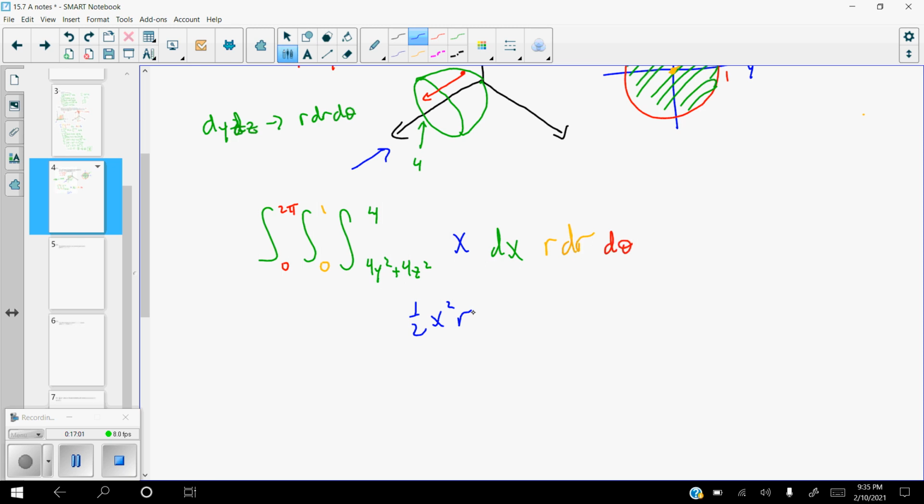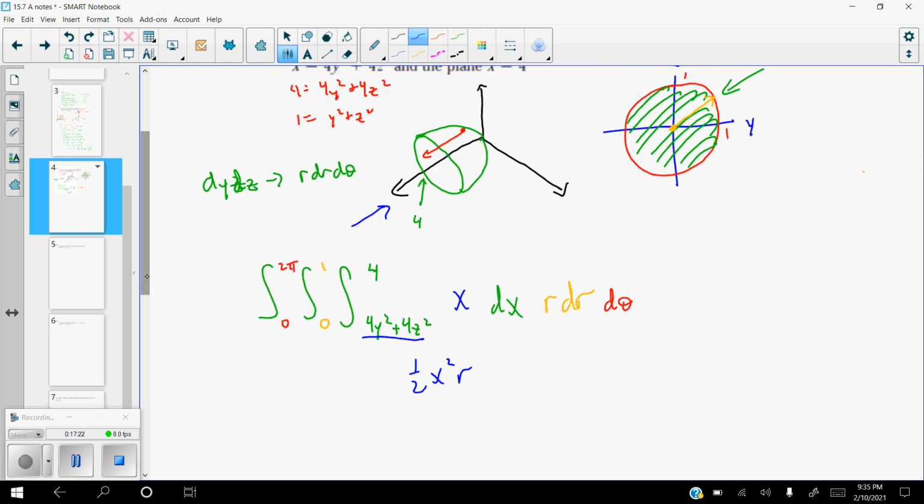And let's see, we're going to evaluate that. Well, let's see. Do I want to leave this bound right here in terms of y squared and z squared since I'm no longer using them? Probably not. So if you remember, 4y squared plus 4z squared is the same thing as 4 times y squared plus z squared.